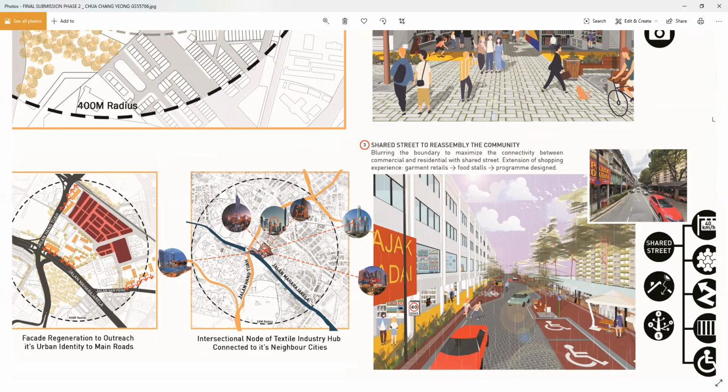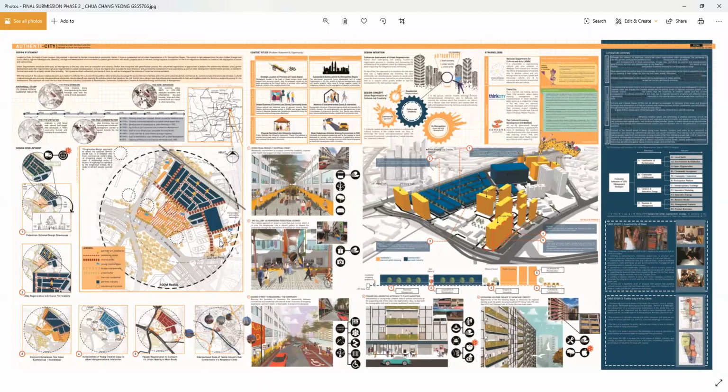What I'm trying to do with this intersectional node is to attract the neighborhood cities like the TRX, the BBCC, the KL118 to our site, as a leisure node and a textile industry hub to attract these people.